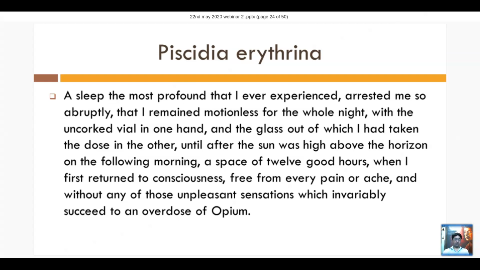So now coming back to the discussion which we were having, we discussed essence, totality, and keynote. Now we will see how clinically we get a combination of these.